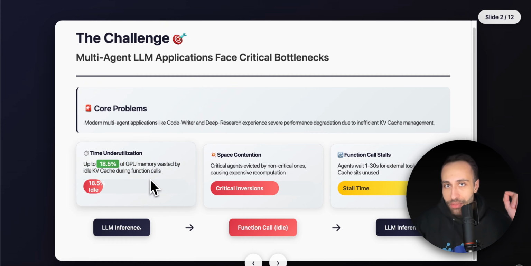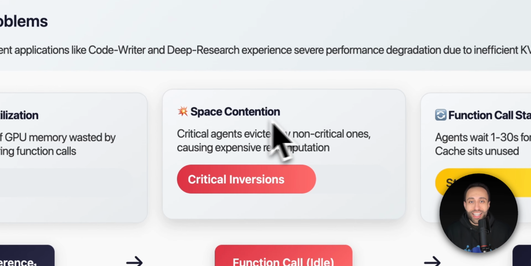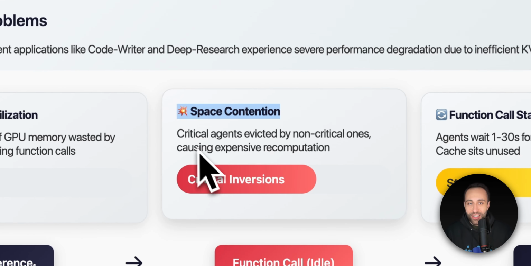That wait time can cause idle times where you are not utilizing that GPU memory efficiently, because potentially you save some KV caches and wait forever for that tool function to finish, which is not fair, because you could use that GPU memory for doing other stuff instead of just waiting. So that space contention is a secondary challenge.